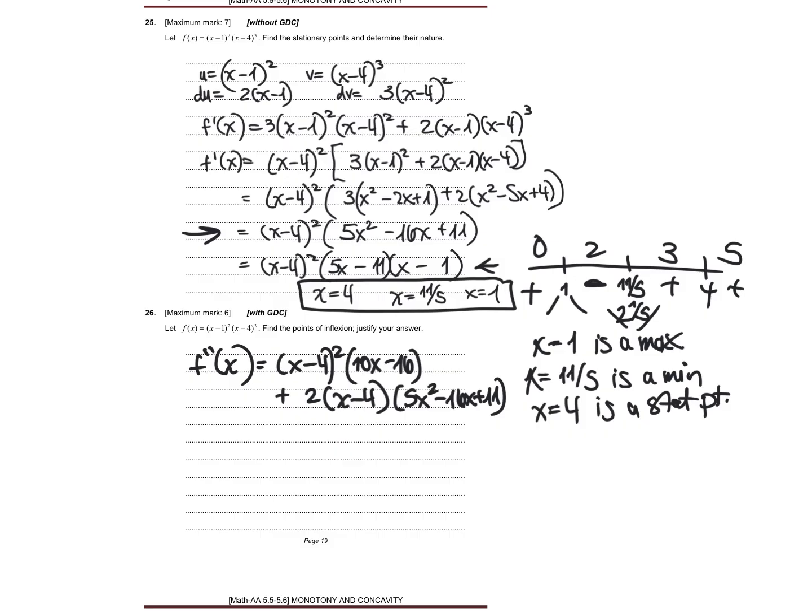So when we put it into the graphing calculator, okay, so I'm putting in (x minus 4) squared times (10x minus 16) plus 2(x minus 4) times (5x squared minus 16x plus 11), and you get a graph, and you have to find the zeros.